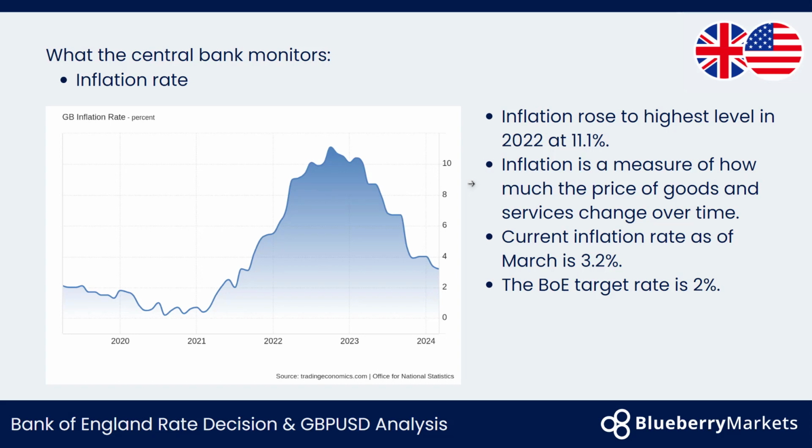One of the things it's monitoring is the inflation rate in the UK, which rose to its highest level in 2022 at 11.1%, and obviously that forced the Bank of England to hike interest rates quite aggressively to try and bring the inflation rate down.